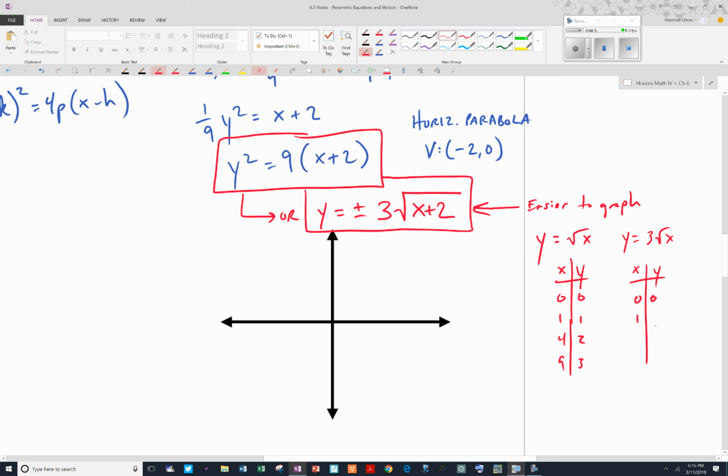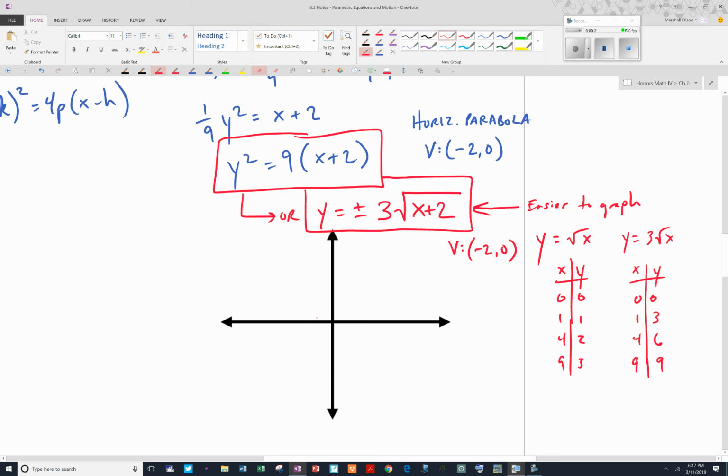So we'd have (0, 0), (1, 3), (4, 6), and (9, 9). And so these would be points from the vertex. Well, what's the vertex of this square root function? Remember, square root functions look like this, right? But this one has a vertex of (-2, 0). Hey, that sounds familiar. Actually, we don't call it a vertex with square roots, I'm sorry.